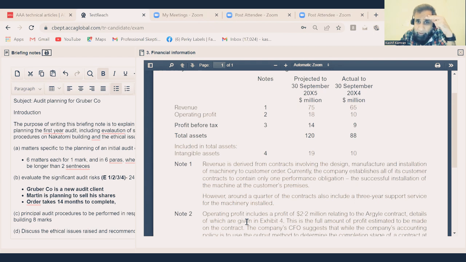Can you see the note numbers? Note number 1 with revenue, note number 2 with operating profit, note number 3 with profit before tax, and note number 4 with intangible assets. So if the examiner has given you a note number, that means that note number is a specific risk.